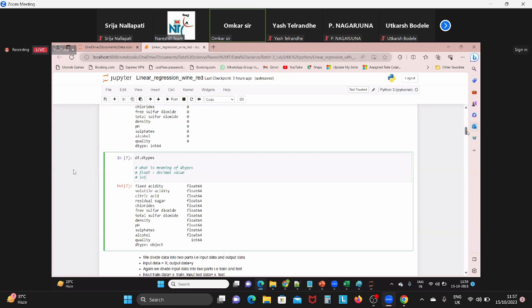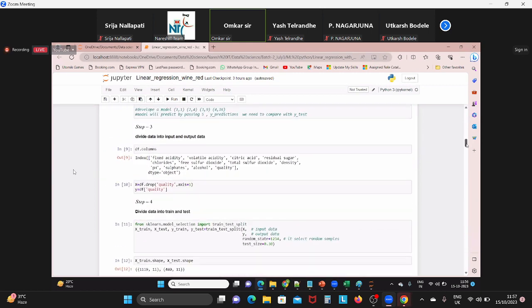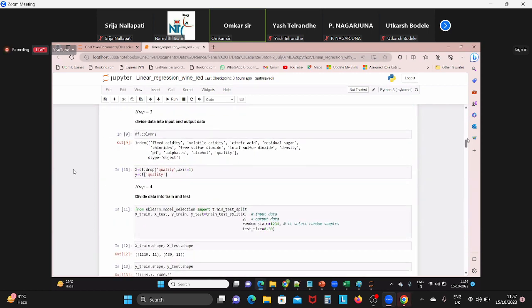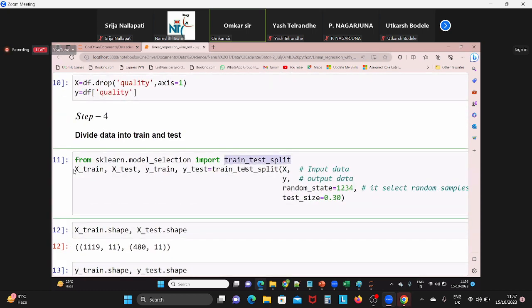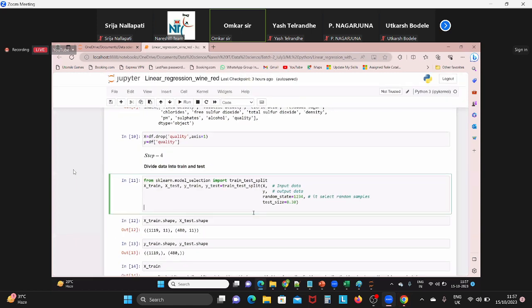Now that is what we are doing here. Now I divided the data into how many parts? Train data and test data. We are passing input and output, and we are selecting 30% of the data as test data and 70% as train data.